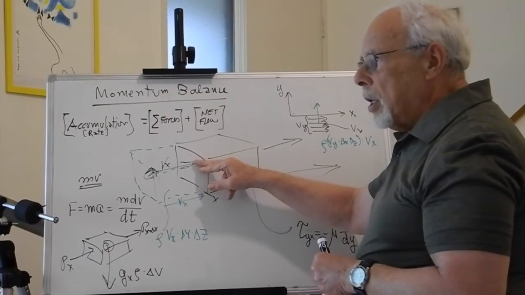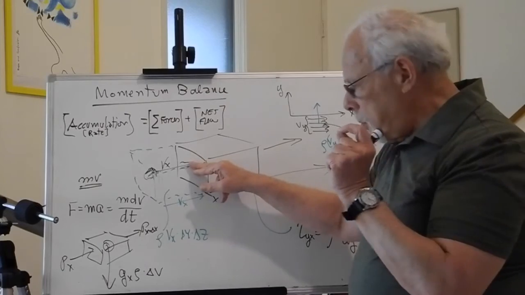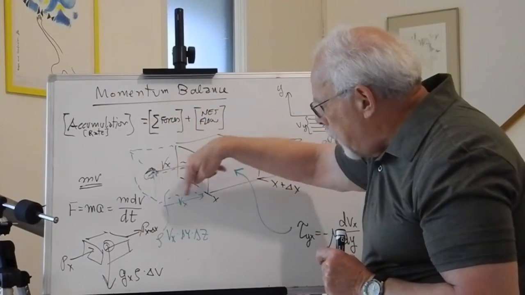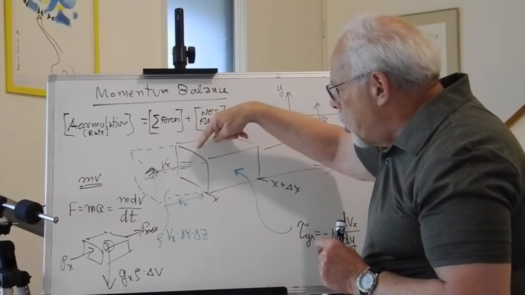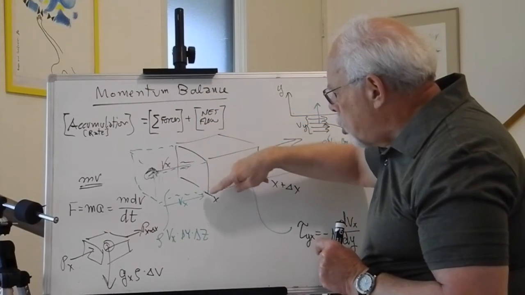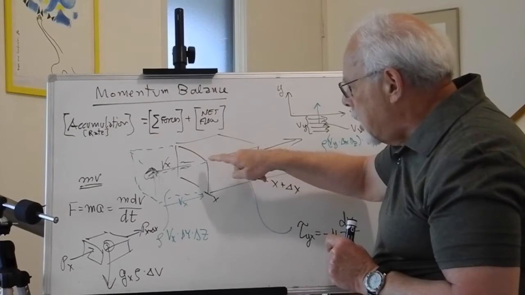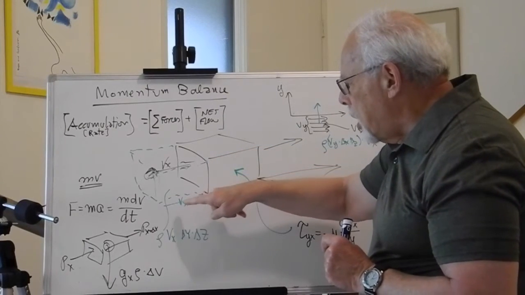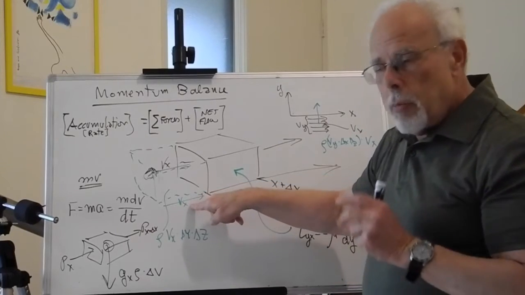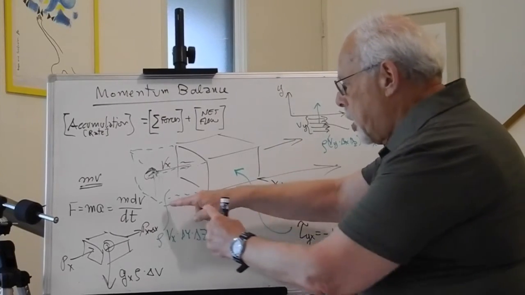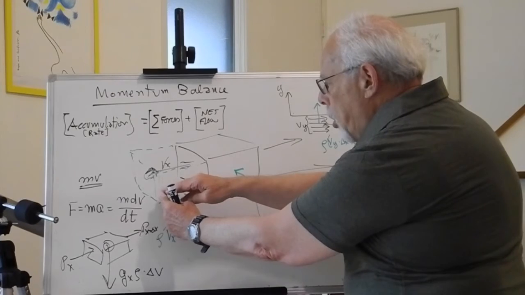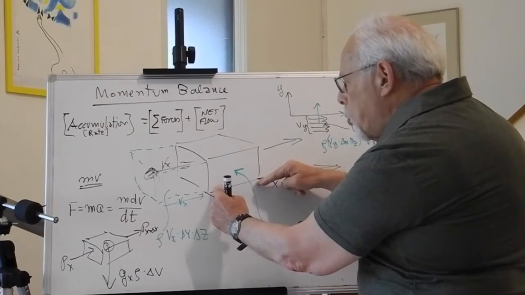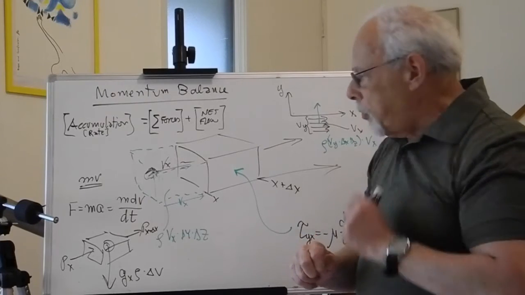The amount that comes in a unit of time, because we're talking about the rate, is this green marked volume, which has the dimensions dy and dz, and for the x-axis it has the vx, because that is the amount of matter that flows into this reference cube in 1 unit of time.